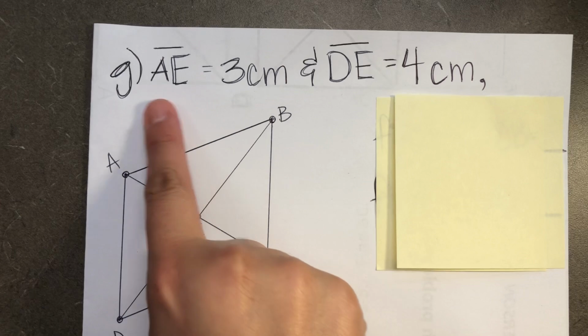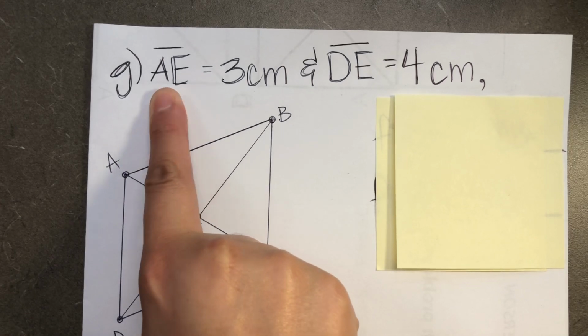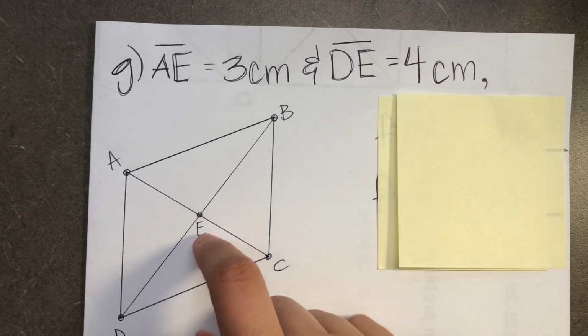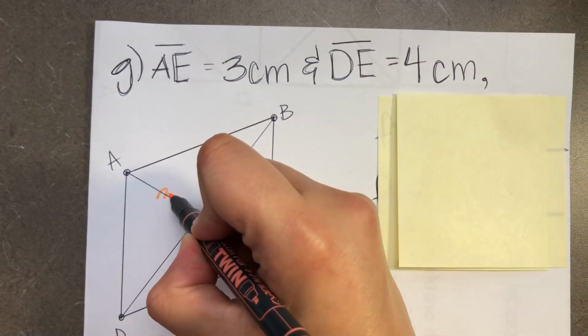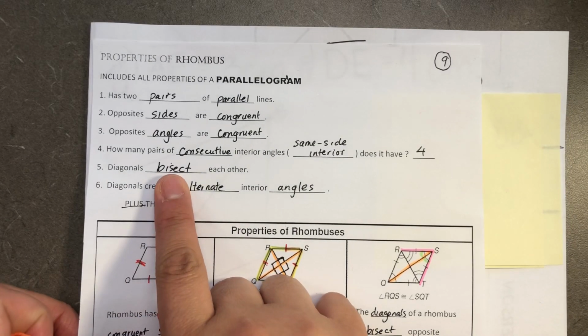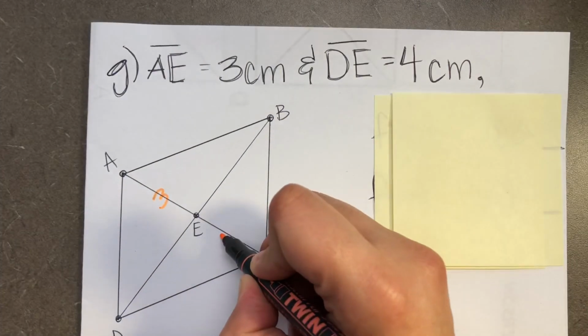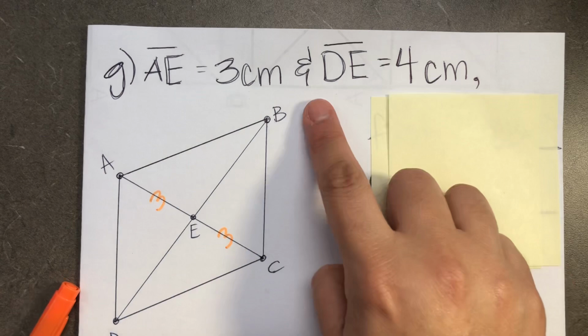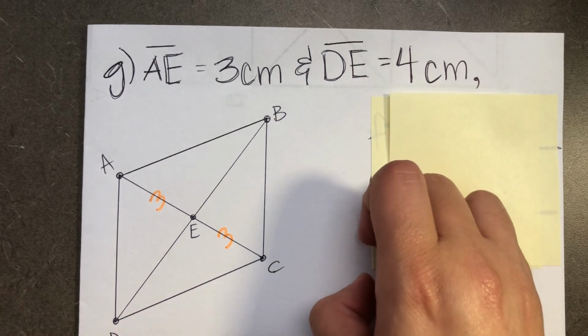So what I first would do is I'm going to go ahead and label AE. And AE is 3 centimeters. AE is right here. And I'm going to go ahead and put it in orange. From my handy dandy handout, I do know that diagonals bisect each other, so that means I can put another 3 over here. Then it tells me that DE is 4 centimeters.